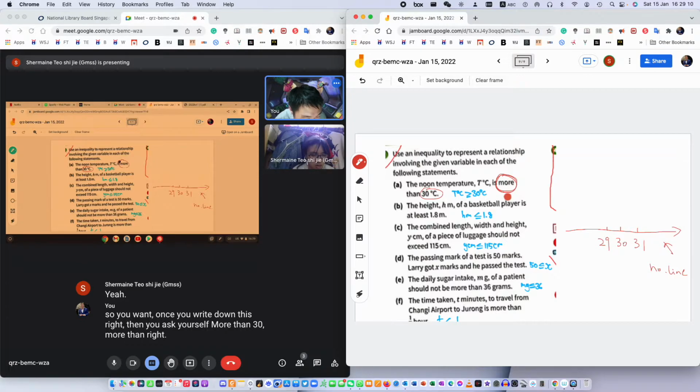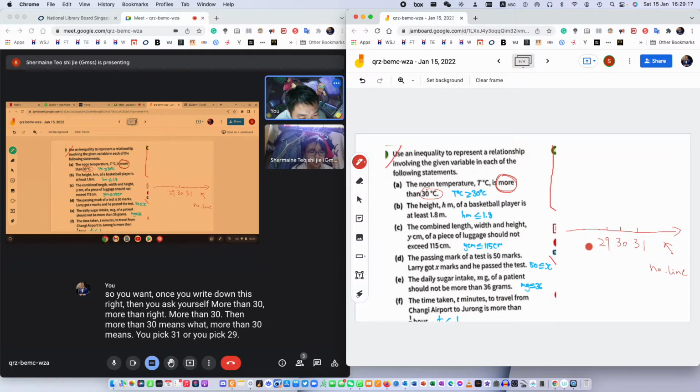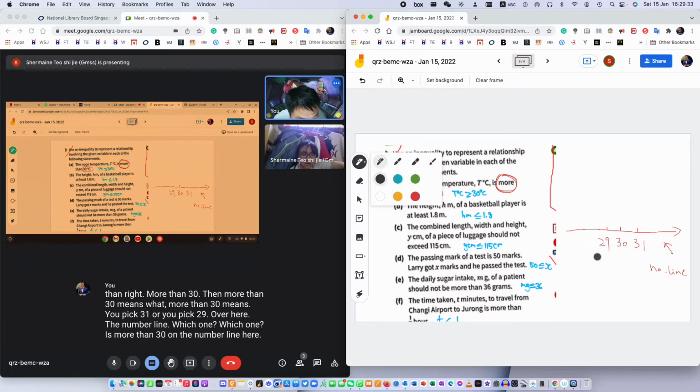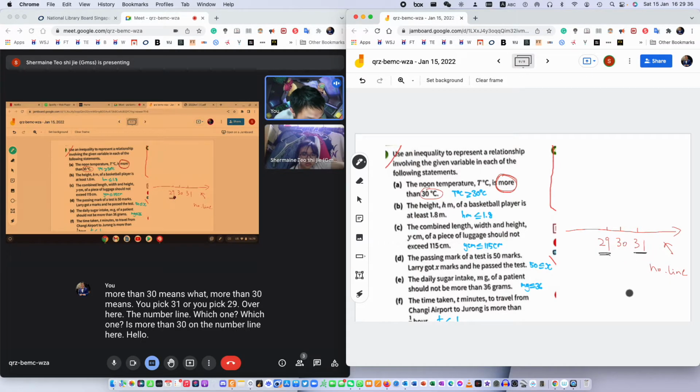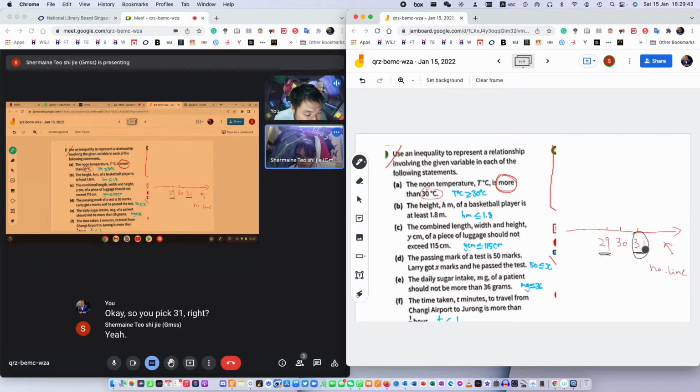More than 30 means you pick 31 or you pick 29. Which one is more than 30 on the number line here? Between 29 and 31, which one is more than 30? 31. So you pick 31, right? 31 is more than 30.